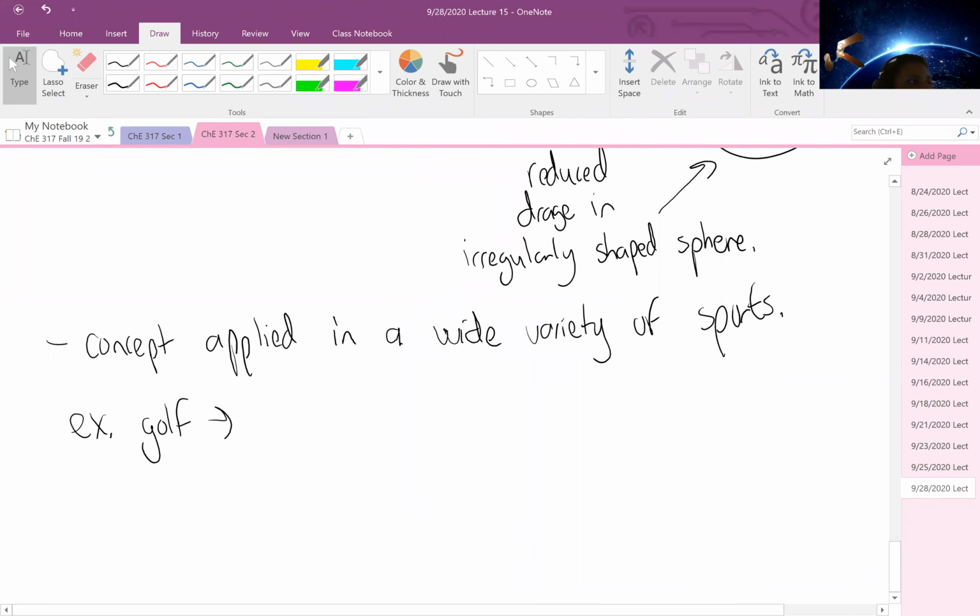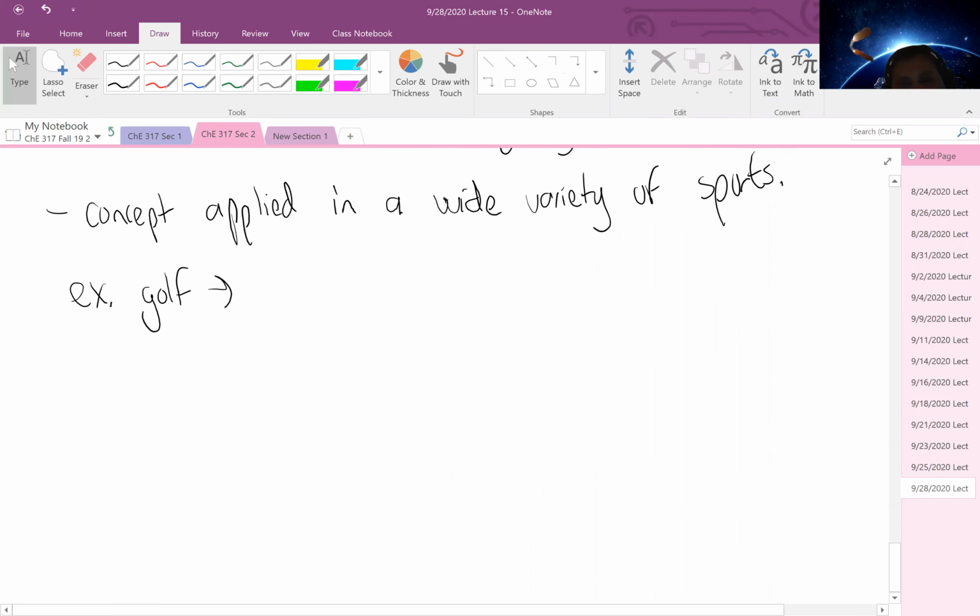So for the rest of us, we can rely on a few sets of rules to identify drag coefficients for our system.